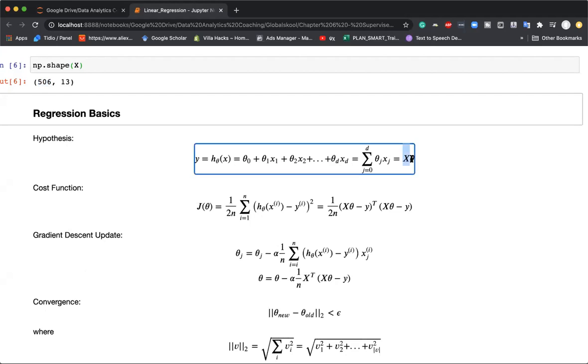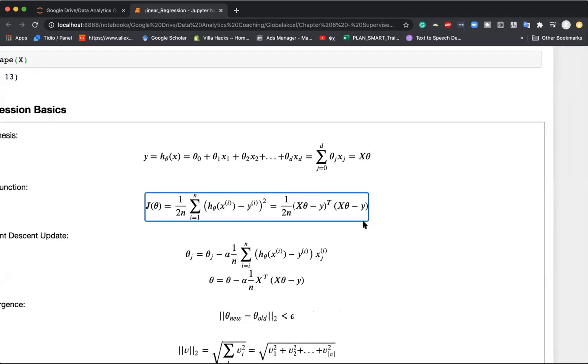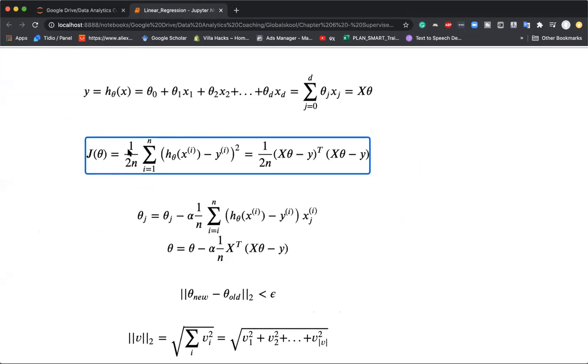Or as we saw in the last part, we can vectorize this as X times theta. We can look at our next equation, which is the cost function, and the cost function can be evaluated like this, or in a vectorized form, it can be evaluated by 1/(2n) times (X theta minus y) transpose multiplied by (X theta minus y).